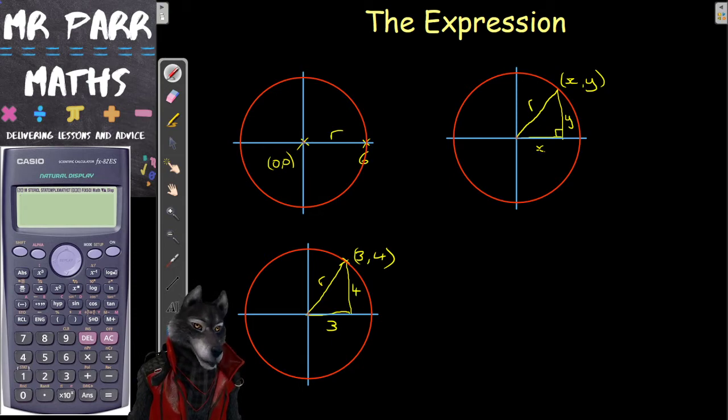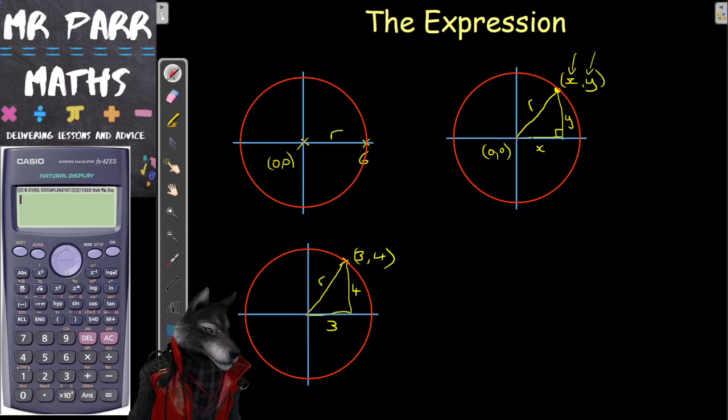So that's why we can call these x and y, because whatever these coordinates are, I know this width is that coordinate, and this height will be that coordinate, because we started from the origin. The centre of the circle is the origin. So that coordinate gives me these two lengths.